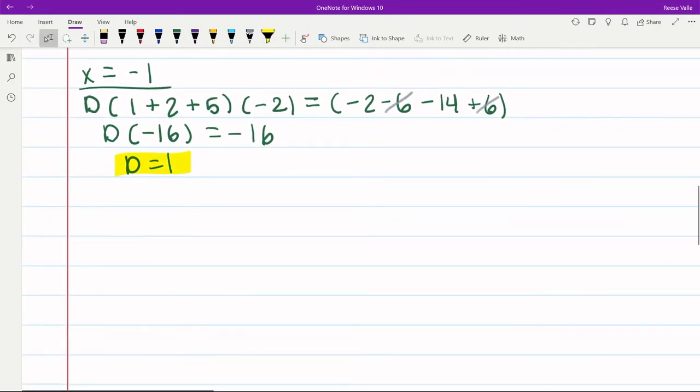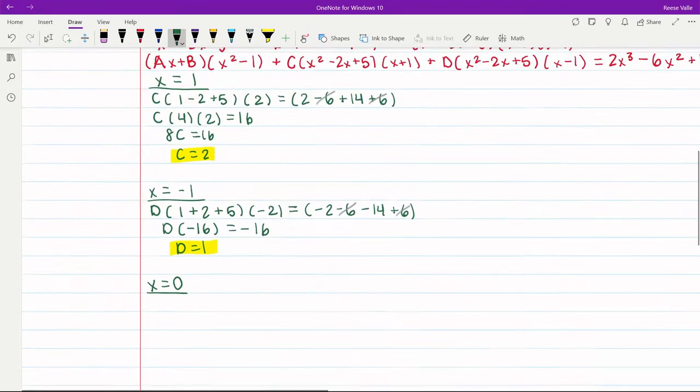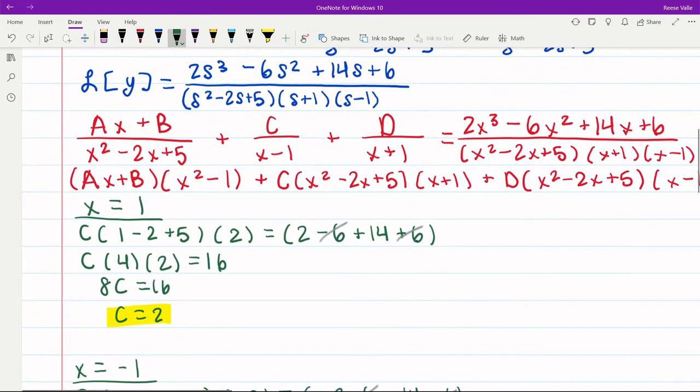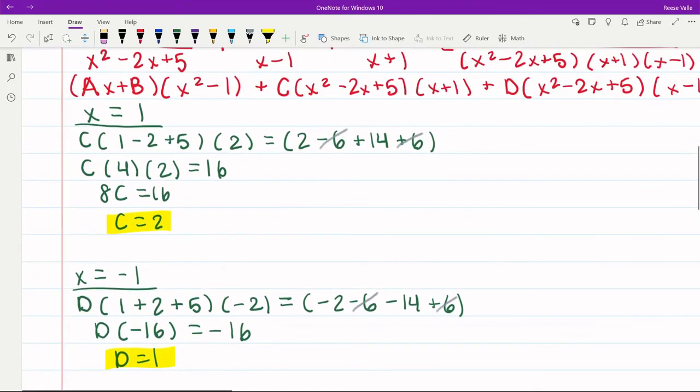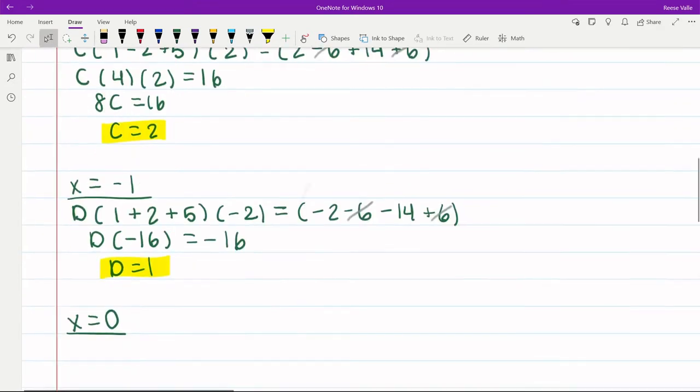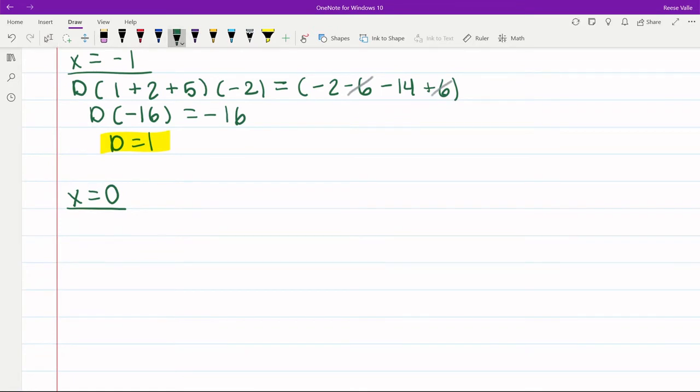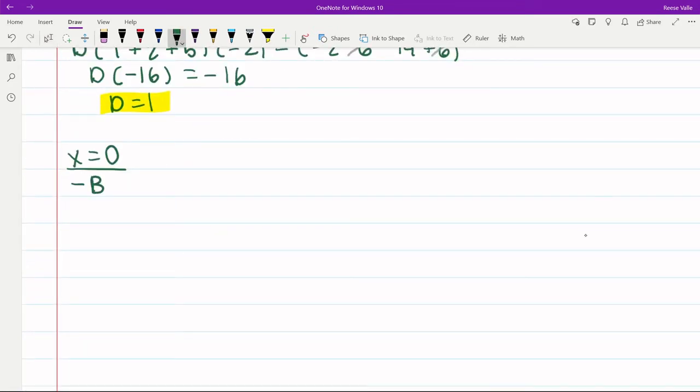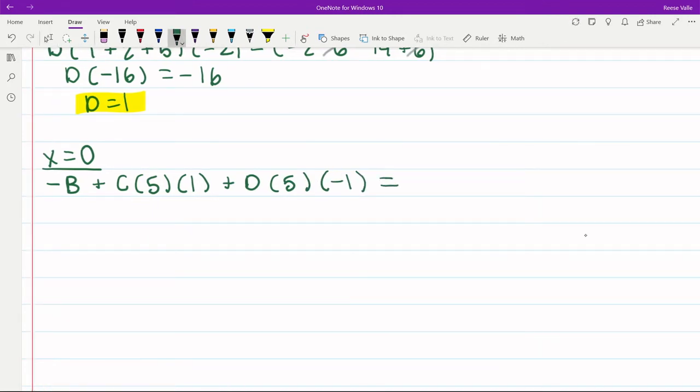There's that second answer. And then if we plug in x equals 0, the a's are going to cancel out because all the a's are multiplied by x. So it'll just be b, c's, and d's, but we already know what c's and d's are. So this is going to turn into -b plus c times 5 times 1 plus d times 5 times -1 equals 6.